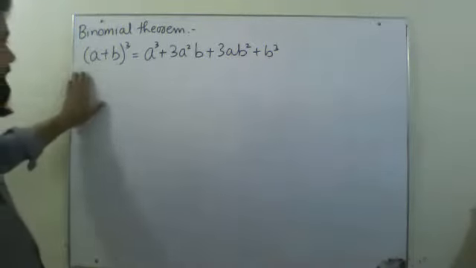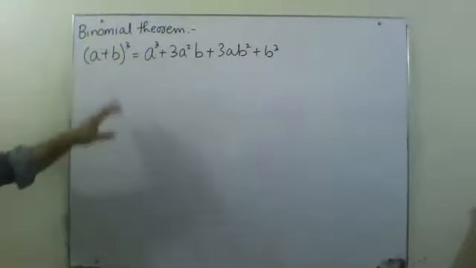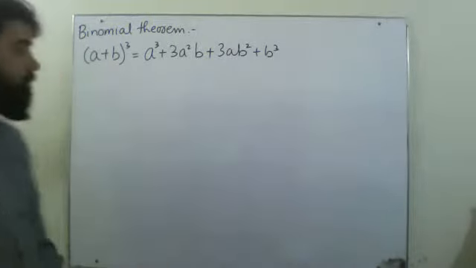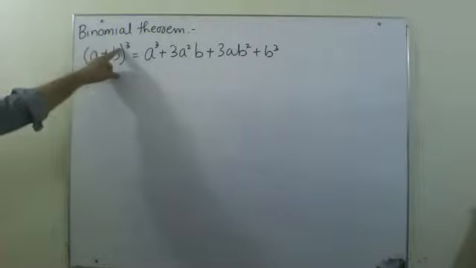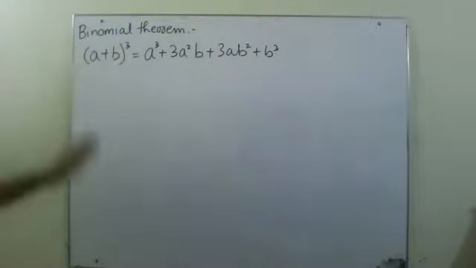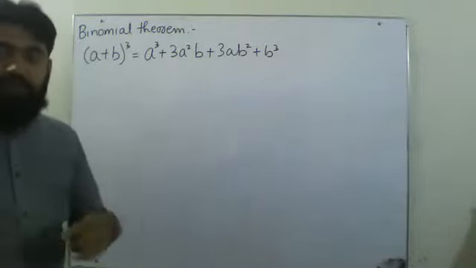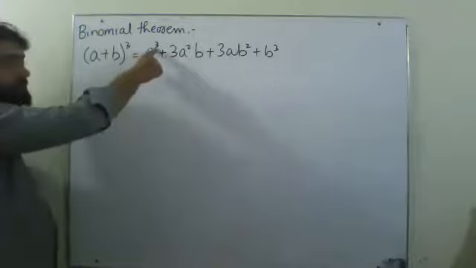Now I have got an expansion over here of (a plus b) whole cube, which is a cube plus 3a square b plus 3ab square plus b cube. Now inside the bracket, the power is 1 and 1. Outside the bracket, for each term, if you add their powers, what is the power over here?